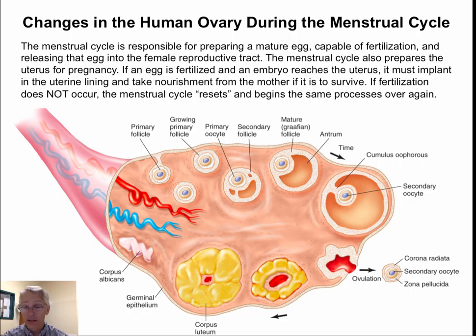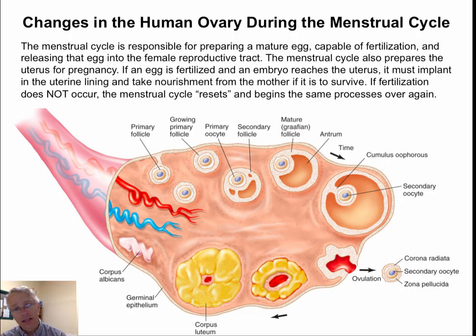The menstrual cycle is responsible for producing a mature egg, one that's capable of fertilization, one that is potentially going to become an offspring, and releasing that egg into the reproductive tract. Because inside the ovary here, there's no way a sperm is going to get to it. So a female has to release the egg into the reproductive tract.